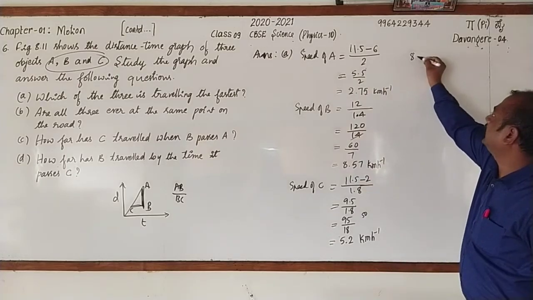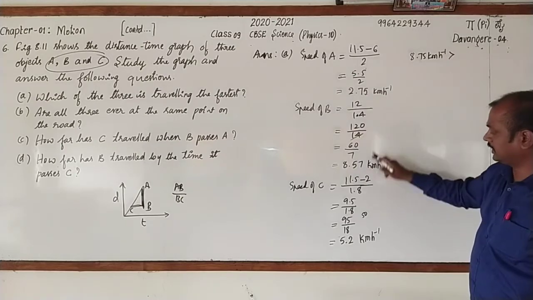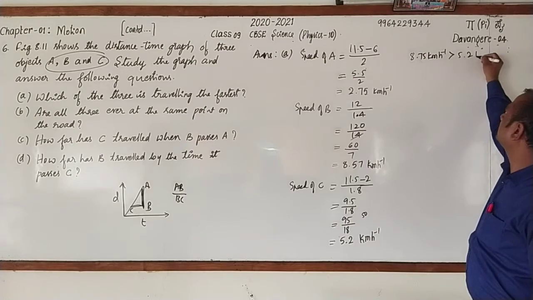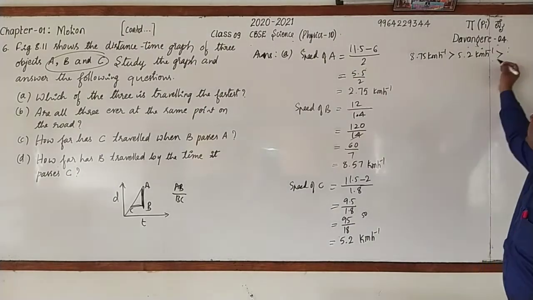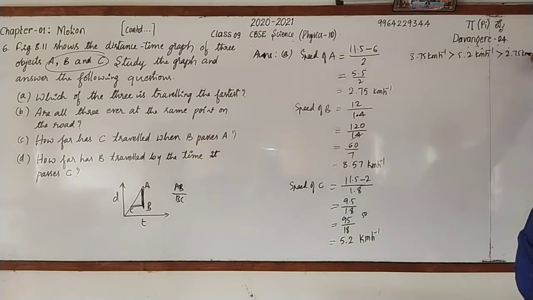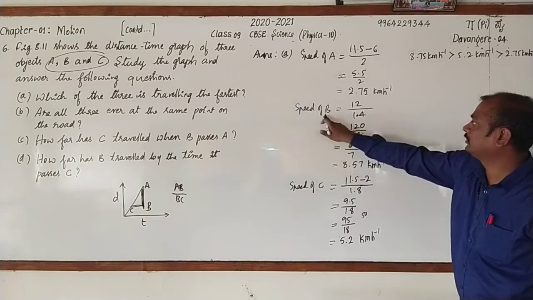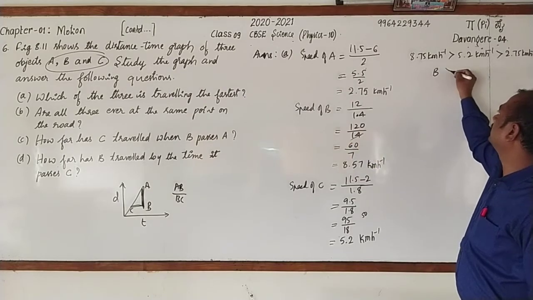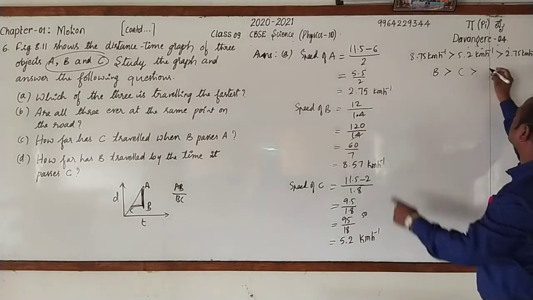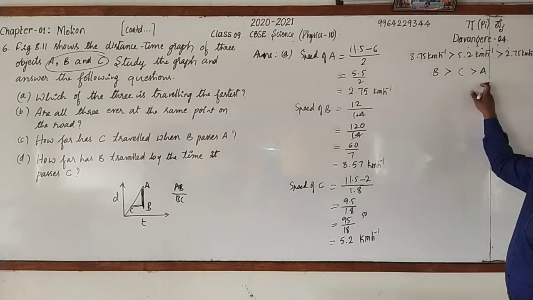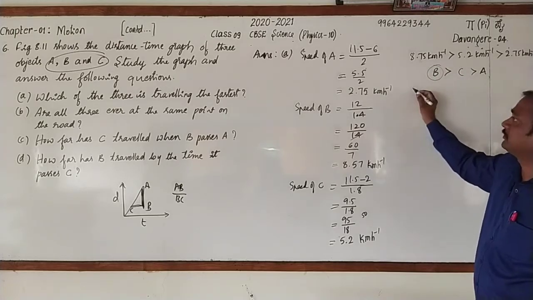So 8.57 kilometer per hour is greater than 5.2 kilometer per hour, which is greater than 2.75 kilometer per hour. 8.57 is the speed of object B, 5.2 is of C, and 2.75 is of A. On comparing all three, you can come to know that object B travels fastest.